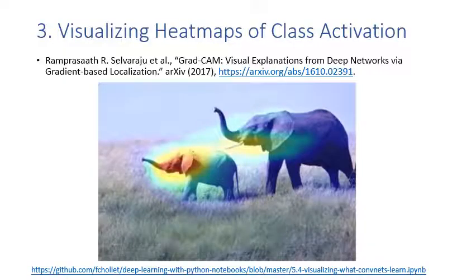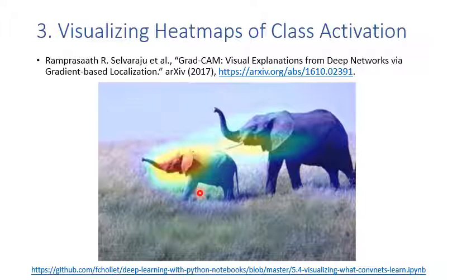The third trick is to use the final layer activations as heat maps and overlay the heat maps with the original image. This trick can help us to identify which part of the image is responsible for the target class.